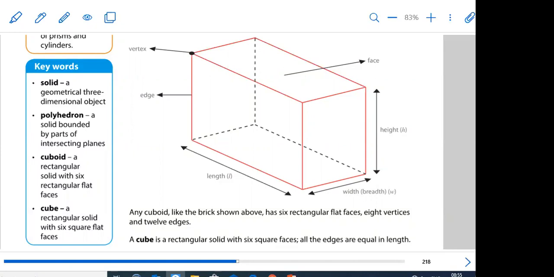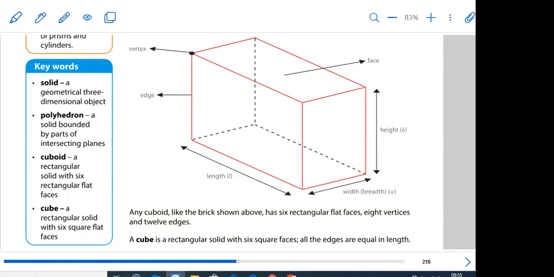So any cuboid, just like any brick, which is shown in this case, has 6 rectangular flat faces, 8 vertices and 12 edges. And this we know from yesterday when we started with this lesson. So you can see even in this one how the edges are demonstrated. The vertex, like I said, is where all the parts meet in that corner.